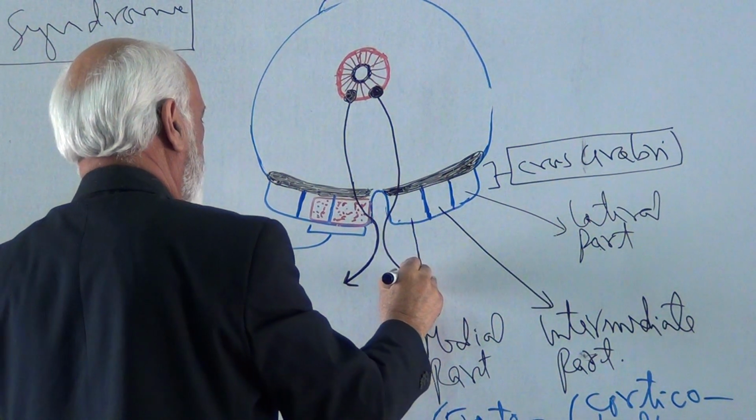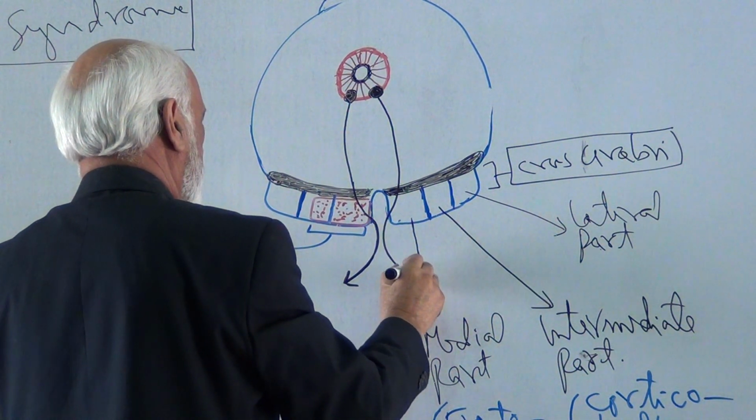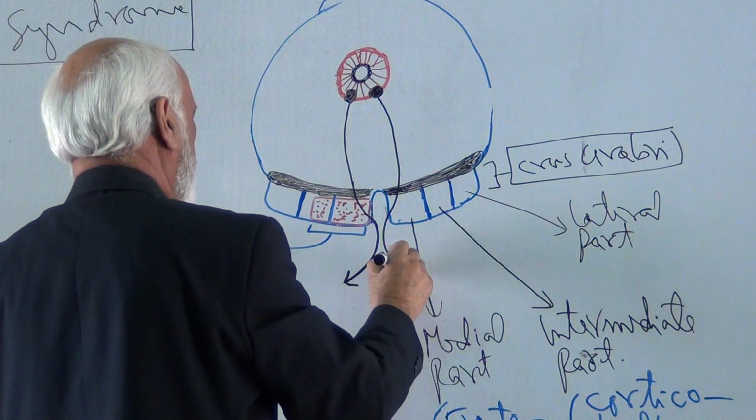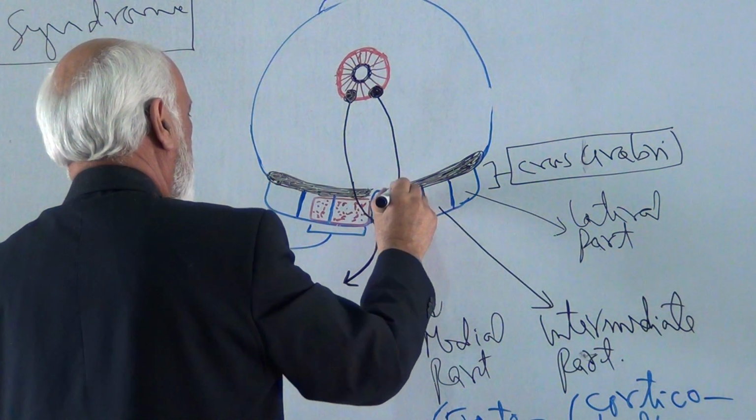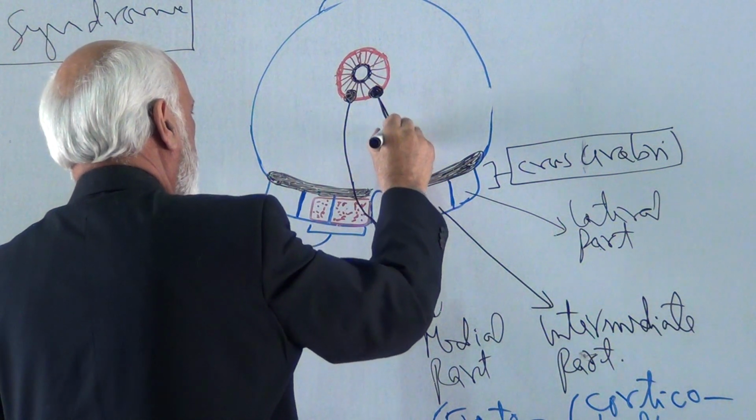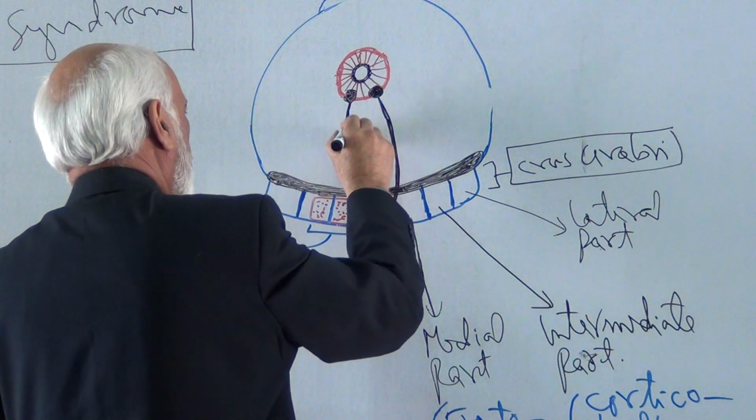The oculomotor nerve emerges from the medial surface of the crus cerebri on the anterior surface of the midbrain.